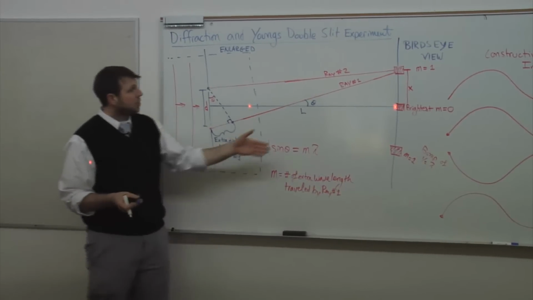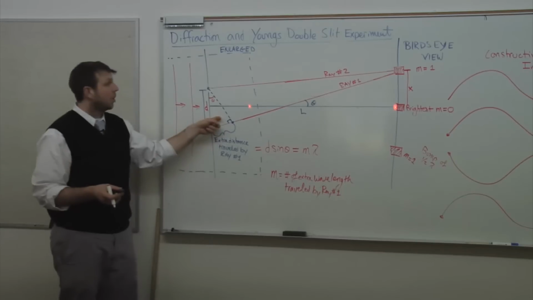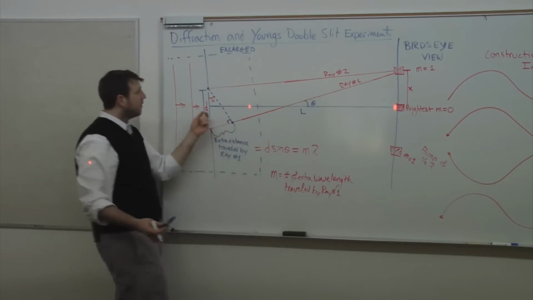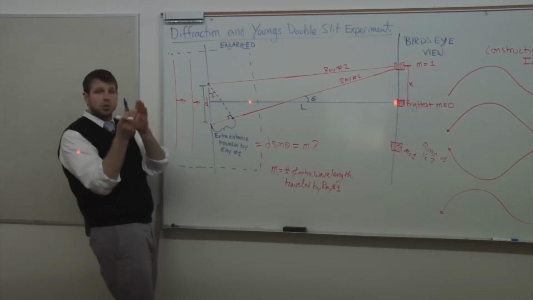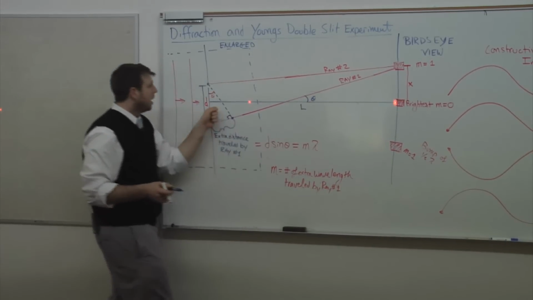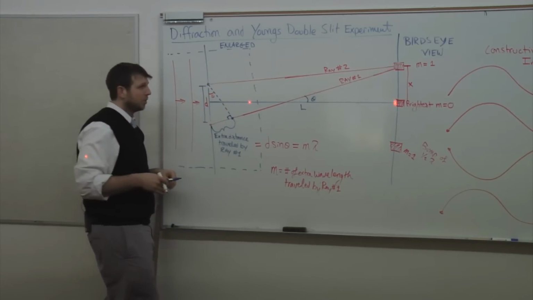So the relationship here is described by this triangle versus this triangle. And recognize that this is way enlarged. This point would actually be very, very close over here to where our two slits are. Our two slits are so close together that this triangle and this triangle are very similar.